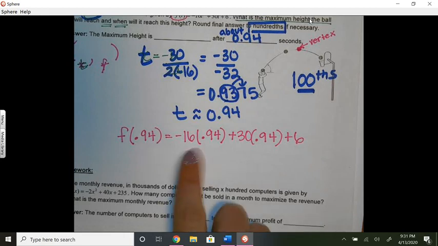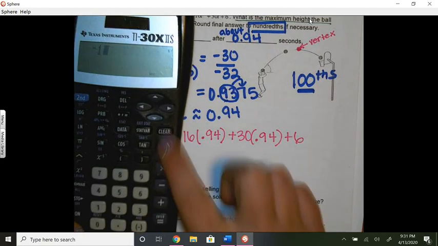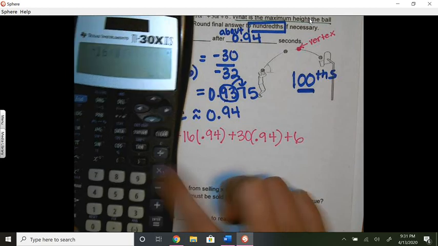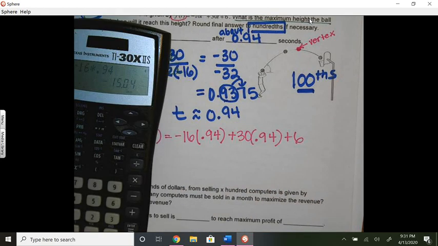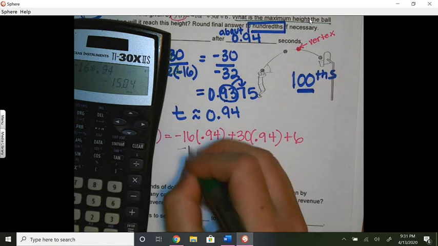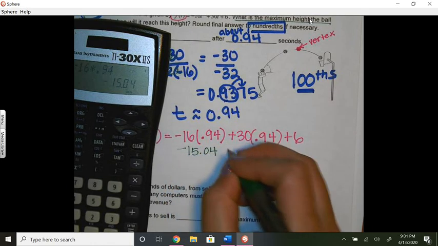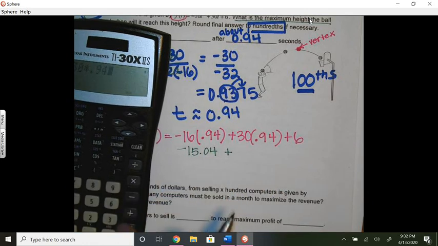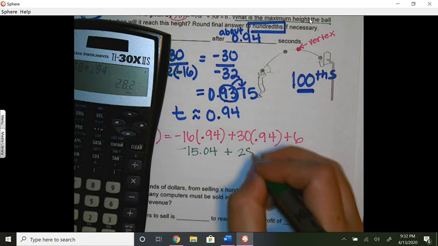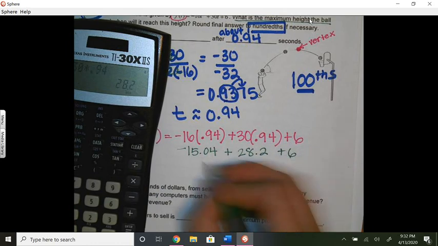So we would have negative 16 times 0.94, so that's negative 15.04. And then 30 times 0.94 is 28.2. And then we're just going to add all of this up.